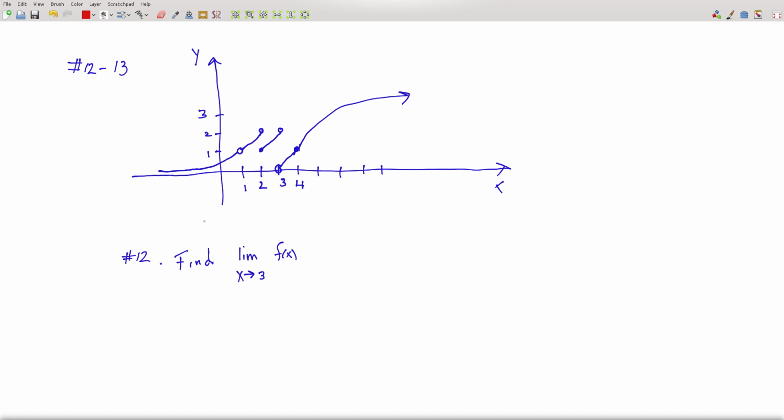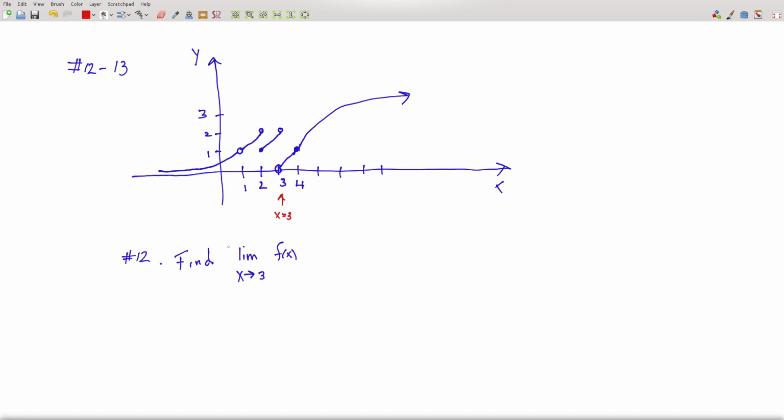So, this limit as x approaches 3, right here is where x equals 3. But there are two ways to approach x equals 3. You can approach x equals 3 from the left-hand side, coming at it from the left, and you can approach x equals 3 coming at 3 from the right.